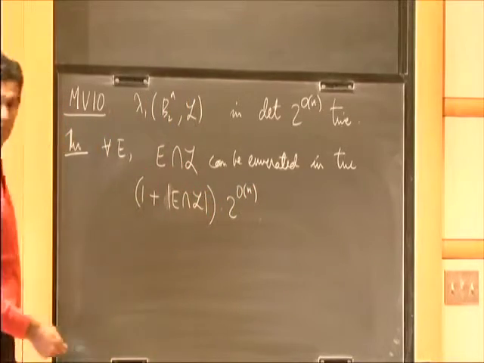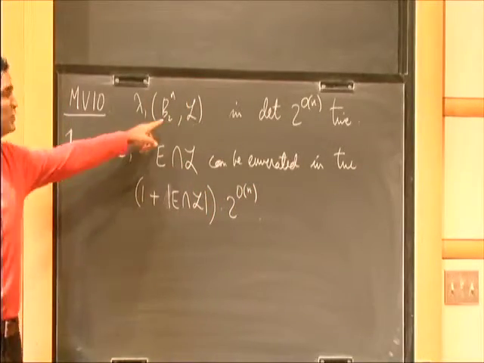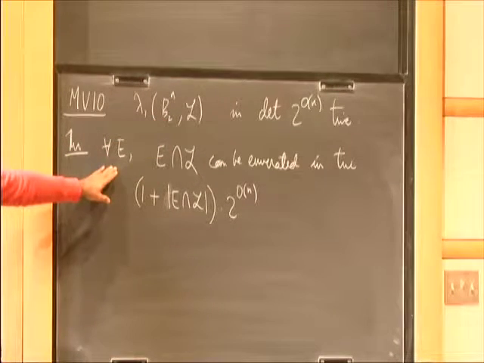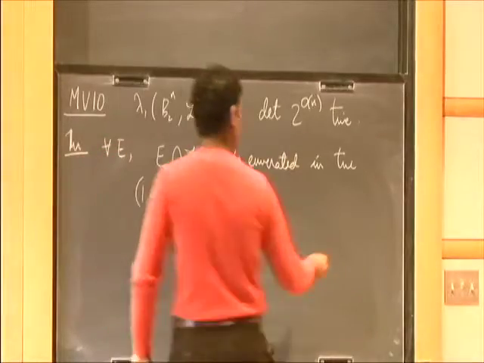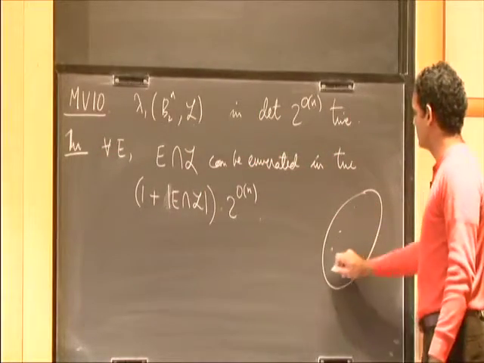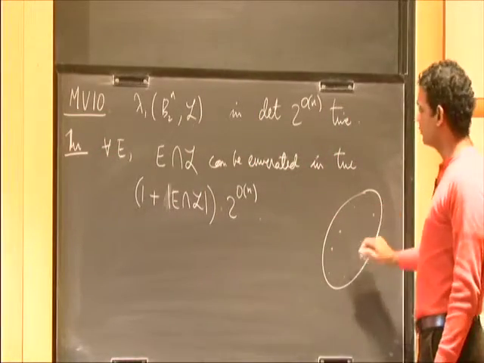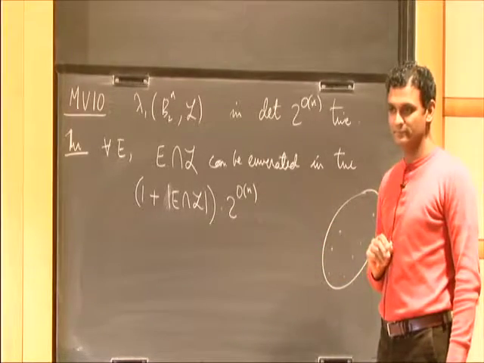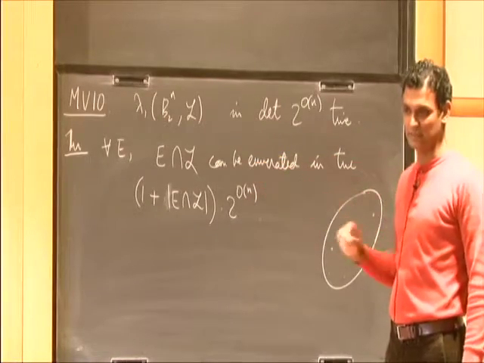So E is any ellipsoid. Once you can do it for a ball, you can do it for any ellipsoid, and I'll just state it here for convenience as an ellipsoid. So you have some ellipsoid and you want to enumerate all the lattice points inside that for some lattice. You can do this in time that is just the number of points times 2 to the order n. So it's the same algorithm. You can view it like this.